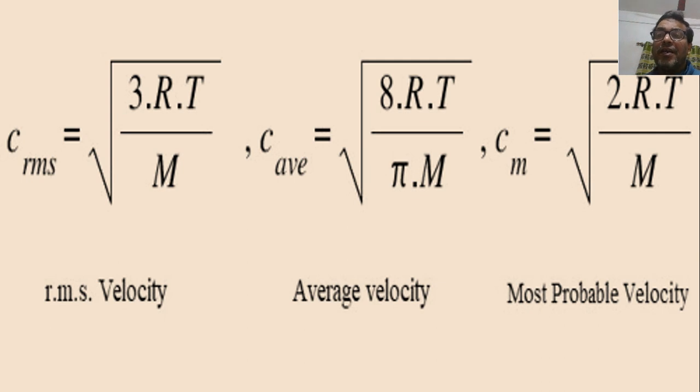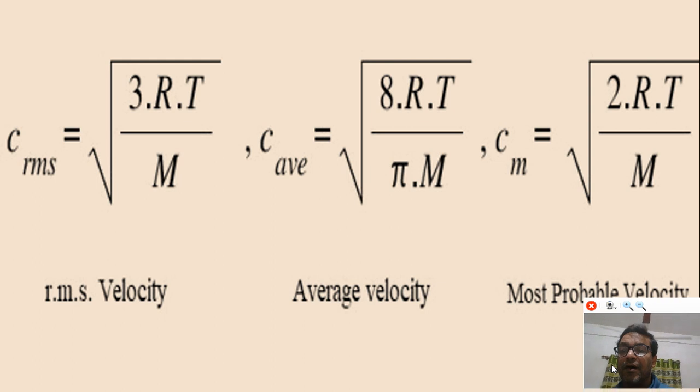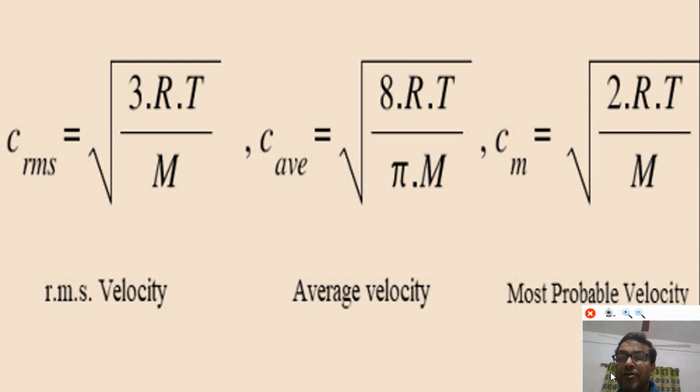What we did is that we found the different values of the most probable velocity, as well as the average velocity and RMS velocity. So here this is the C_RMS, that is the root mean square velocity, that is root under 3RT by m.